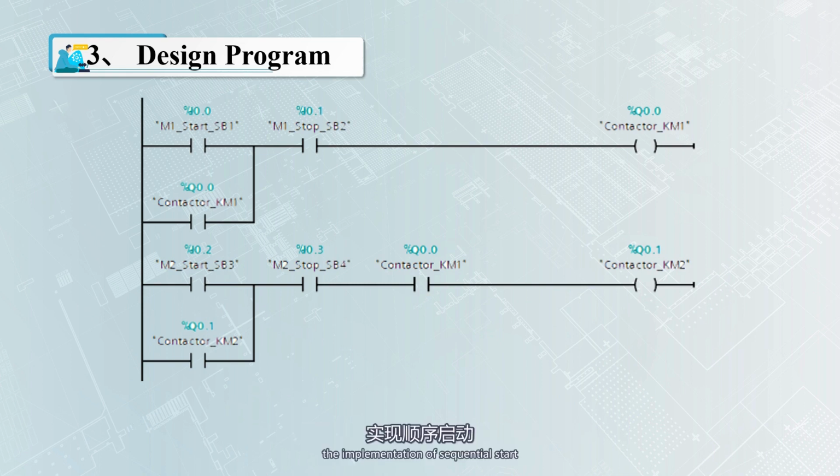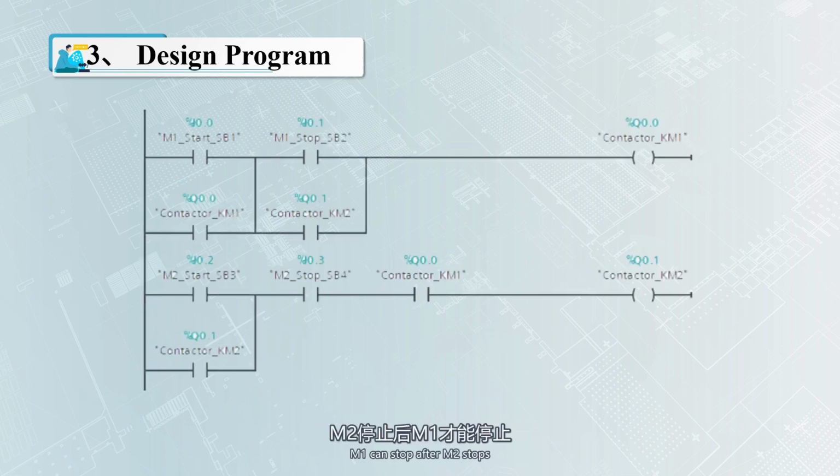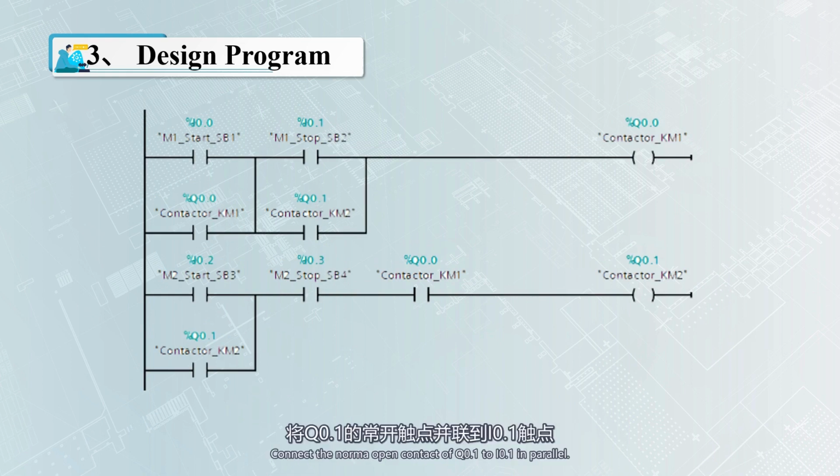This is the implementation of sequential start. M1 can stop after M2 stops. Connect the normally open contact of Q0.1 in parallel with I0.1. After Q0.1 is connected, the I0.1 contact disables the stop function. Q0.0 can be stopped only after Q0.1 disconnects, realizing reverse sequence stop.